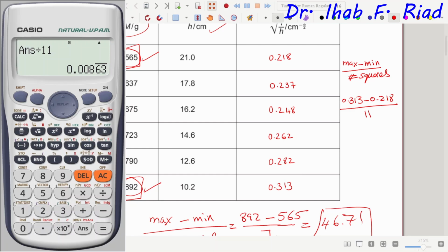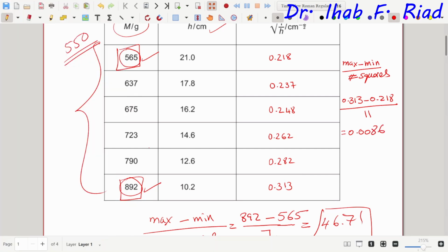So it is going to be 0.0086, zero point zero zero eight six three.